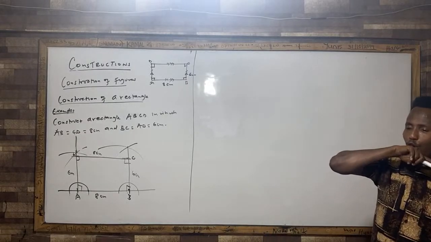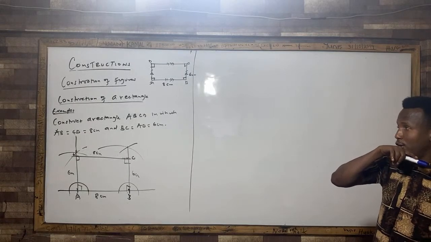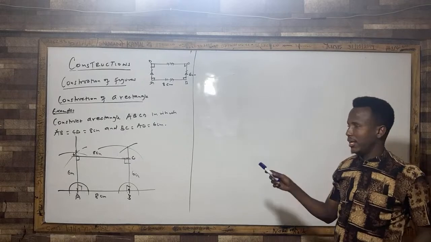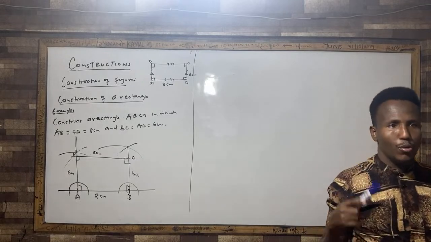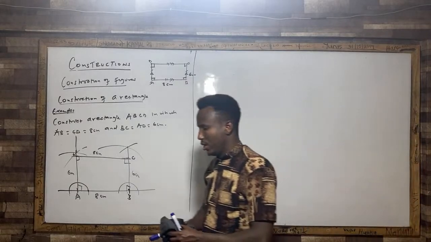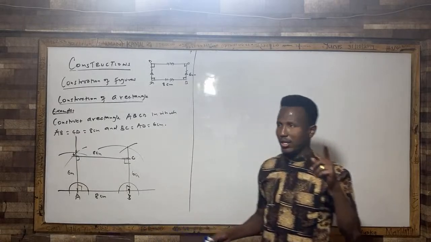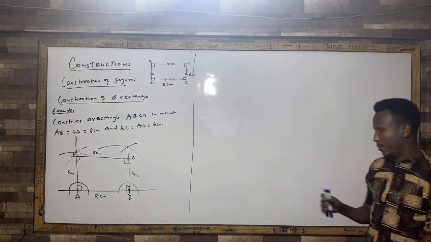Then we'll go to rhombus, then parallelogram. Then we are done with that. After finishing those three, we will go to circumscribing and inscribing. Those two will also help you during national exam. I think this is very important for you.